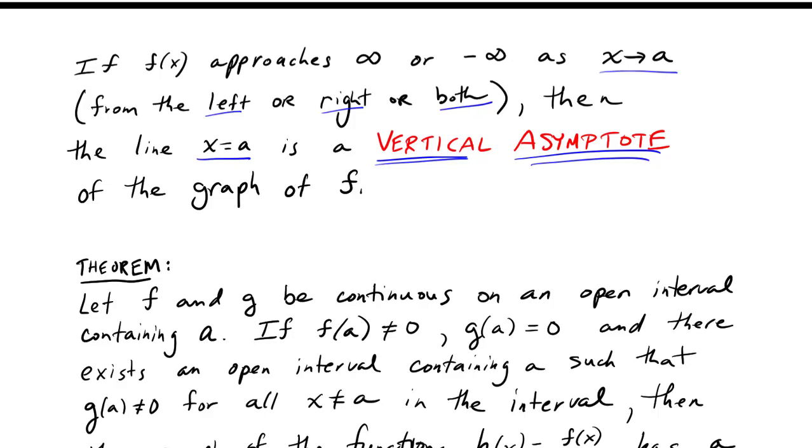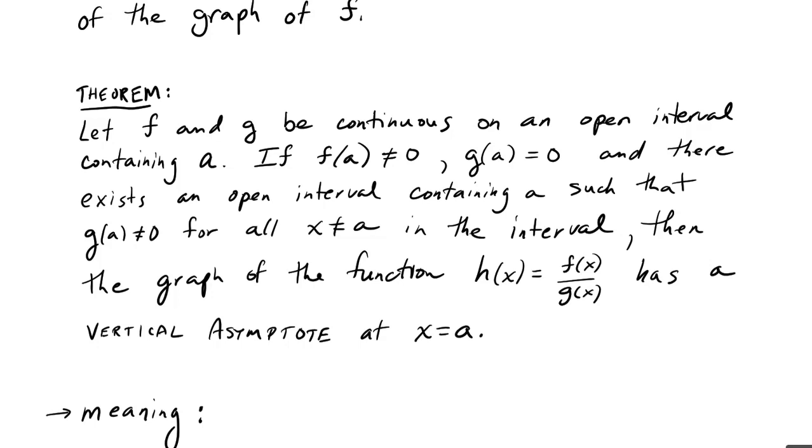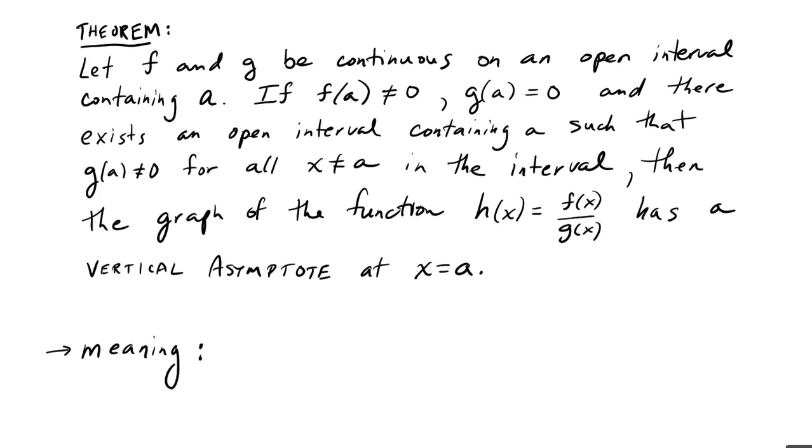So I'm not saying you need to be able to recite these theorems verbatim, but you should understand what they're saying, and that's how we have to break them down. Okay. So this theorem says, let f and g be continuous on an open interval containing a.